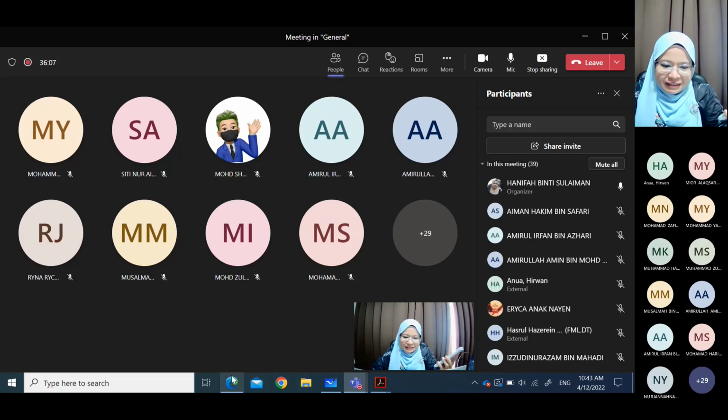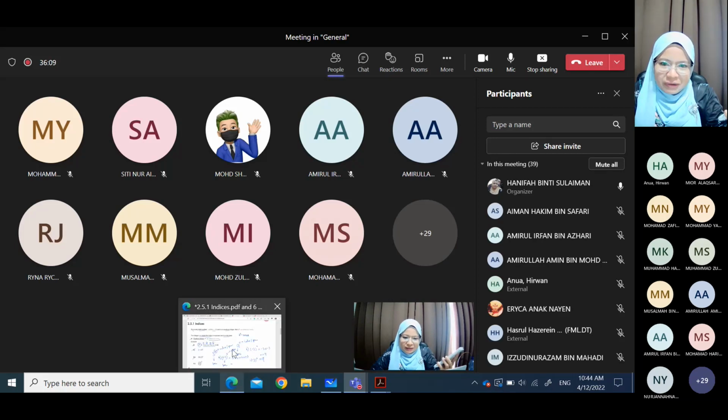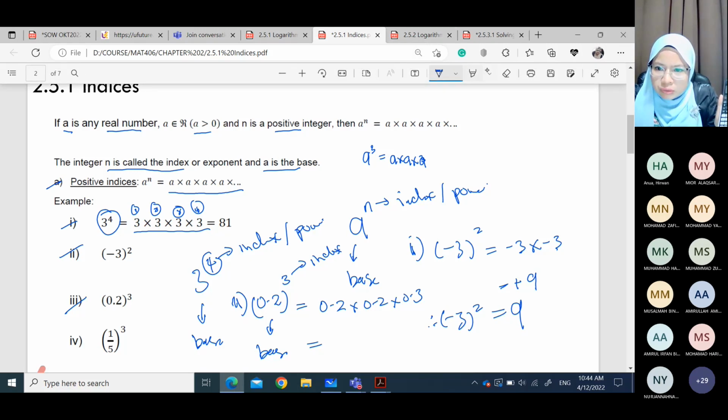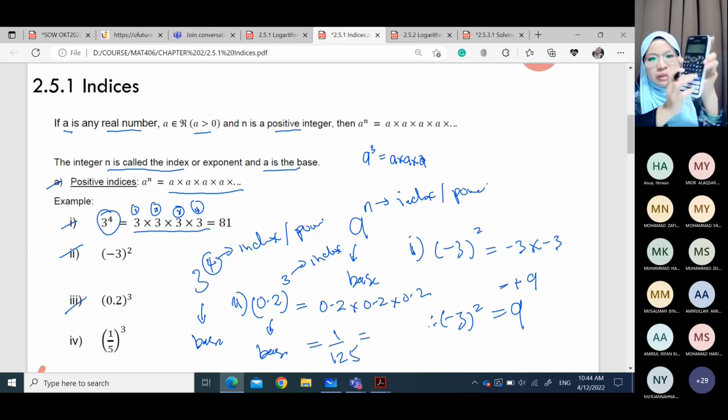Kalau ada apa-apa masalah boleh beritahu. Okay, so 0.2 to the power of 3 means 0.2 times 0.2 times 0.2. So, sama juga dengan 1/125. Dalam decimal point, you just tekan S to D. So, S to D maksudnya kepada decimal.